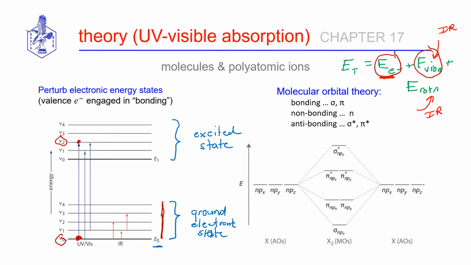To understand this better, when two atoms come together to bond using their valence electrons, each atom has its own set of atomic orbitals. Those orbitals blend to form a set of molecular orbitals that we use for bonding.